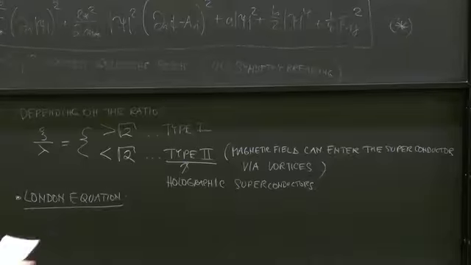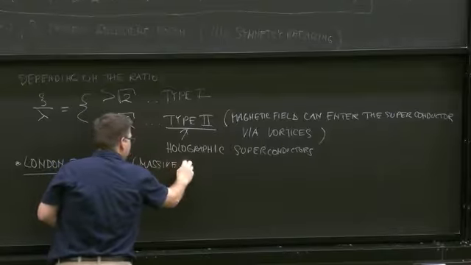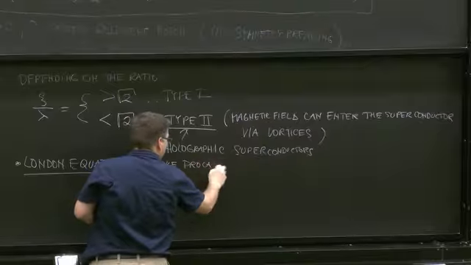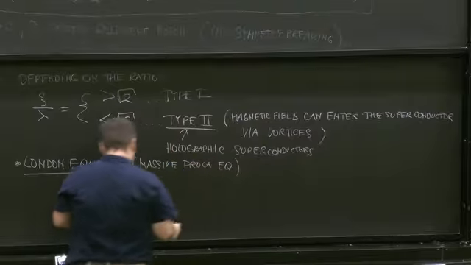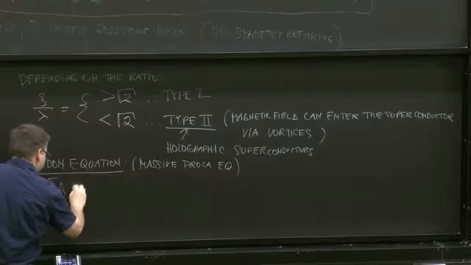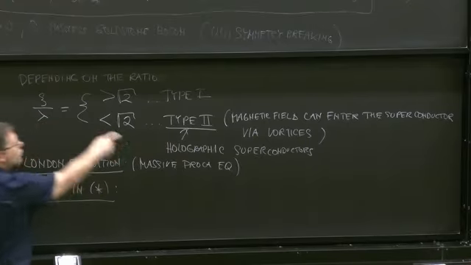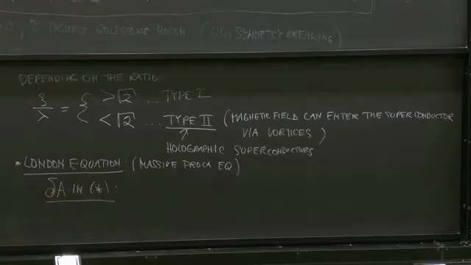So this is like a massive Proca equation, and you get it by doing delta A in the star equation in the gauge where you absorb the phi inside.